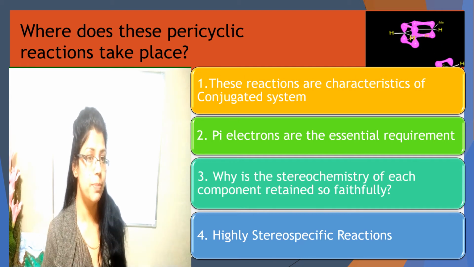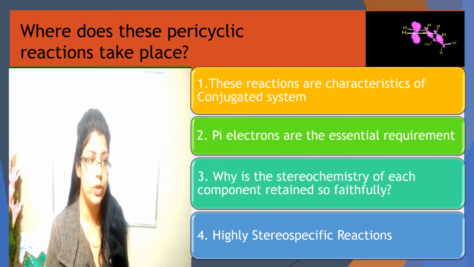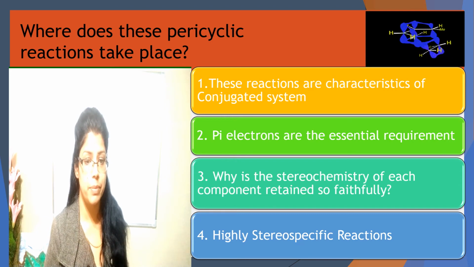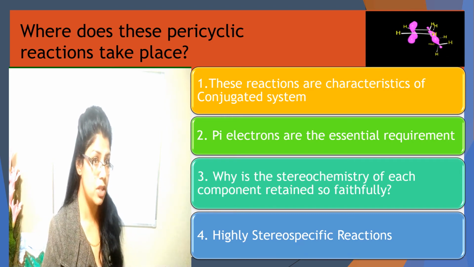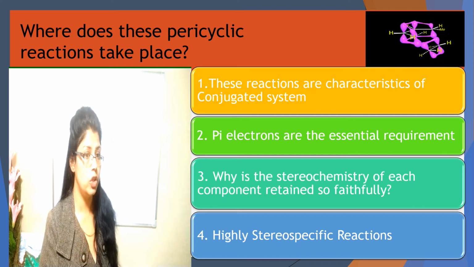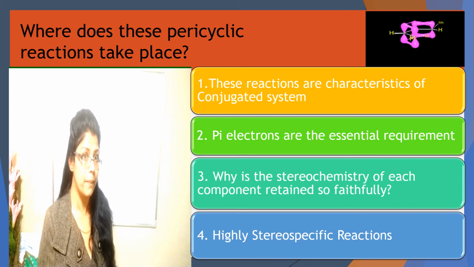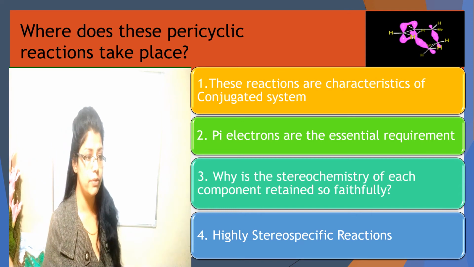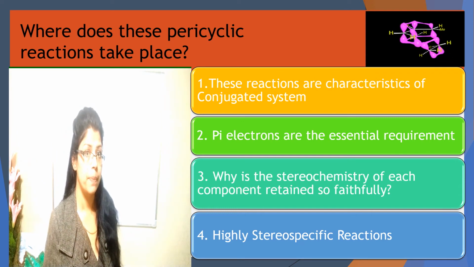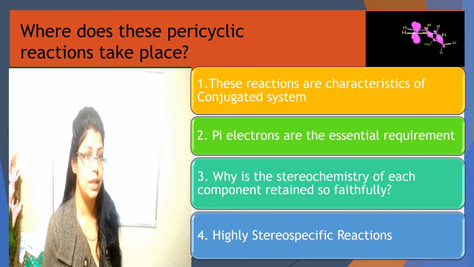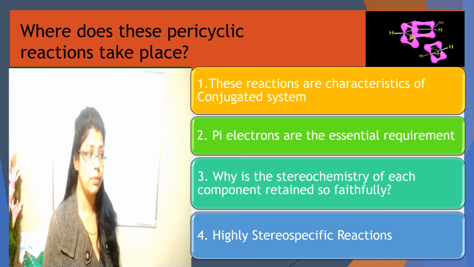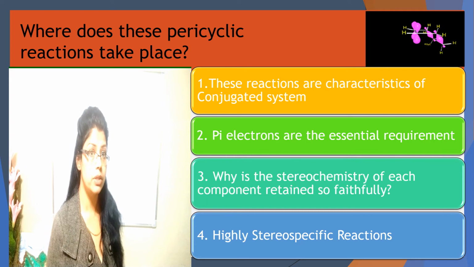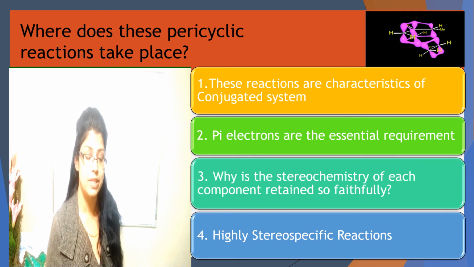Because of this, these reactions are hugely applied in synthetic chemistry and asymmetric synthesis, because by these reactions we can get a pure enantiomer or stereoisomer, not a mixture of two stereoisomers, which is very tough to isolate or purify. So these reactions have large application because of their stereospecificity.